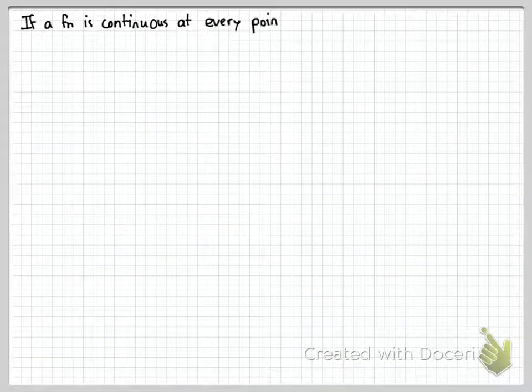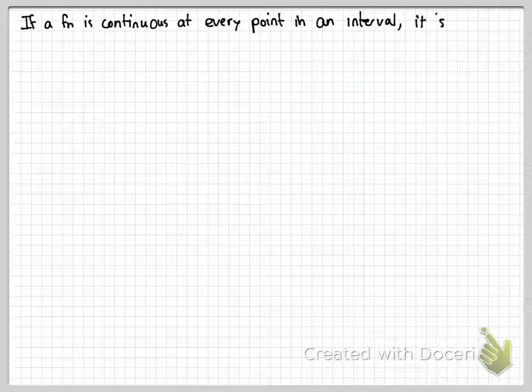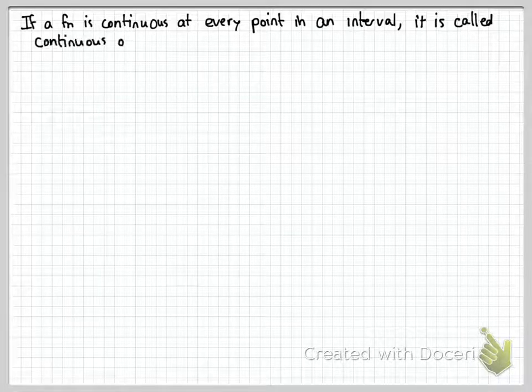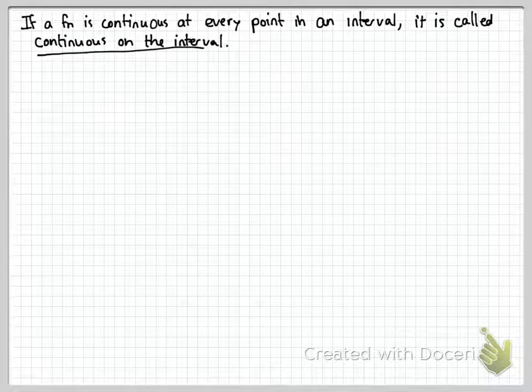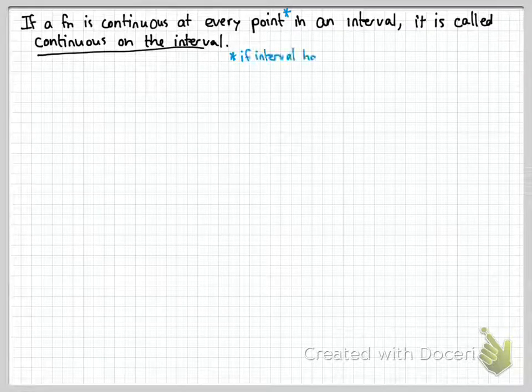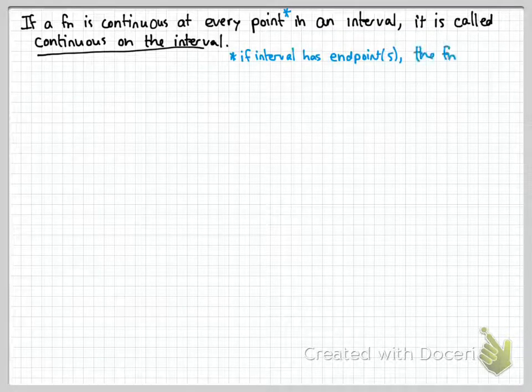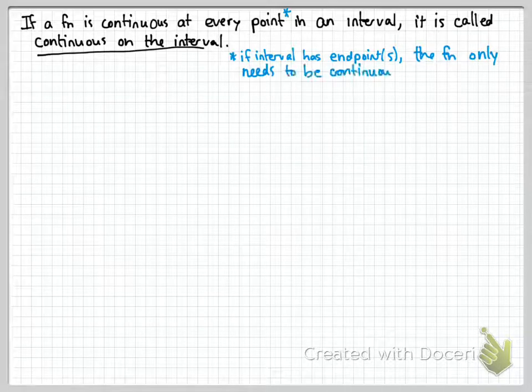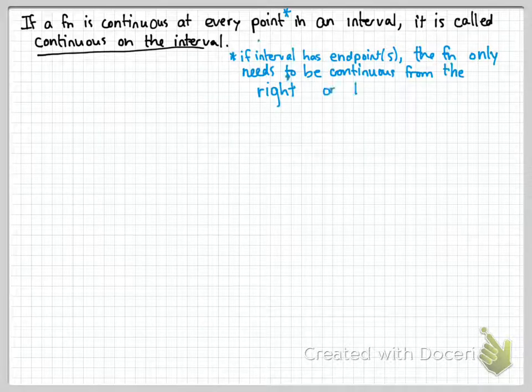Okay. The nice thing about continuous functions is that, oh wait, that's not yet, sorry. I told you what continuous at a point means. Now we have continuous on an interval. That just means it's continuous at every point in that interval. Although, if the point is an endpoint of the interval, then the function doesn't need to be completely continuous at those endpoints.